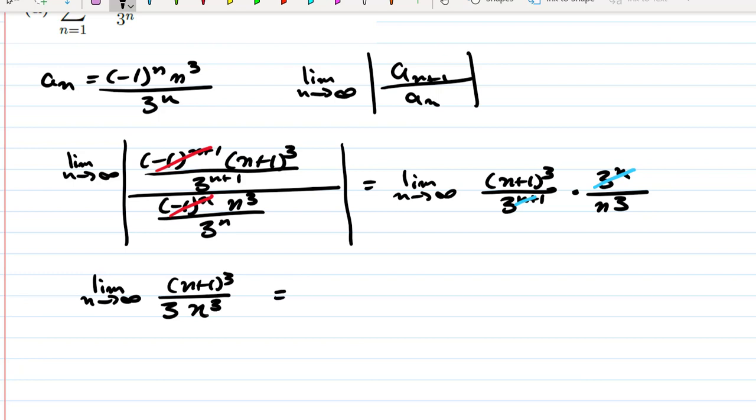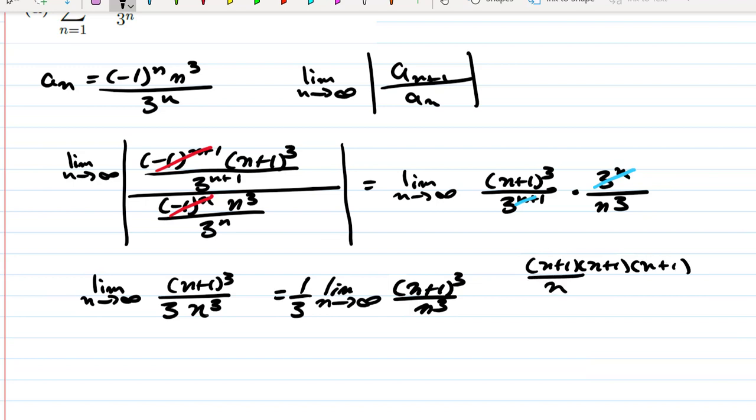So now there's a few different ways we can do this. So we have the limit as n goes to infinity. The 3 comes out of the limit, and we're left with (n+1)^3 over n^3. So we can break this up using algebra and write that as (n+1) times (n+1) times (n+1) all over n times n times n.